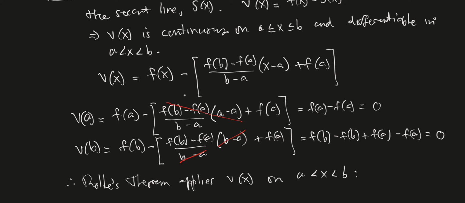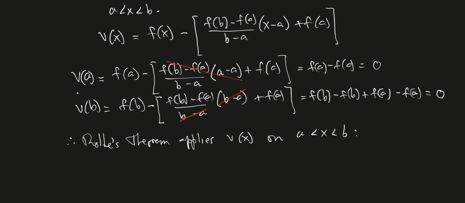It says if you have a continuous function on the closed interval that's differentiable in the open interval, and the function values at the endpoints are the same, then there has to be at least one value inside the open interval a to b where the derivative of this function is equal to 0. It has to have a stationary point, right?